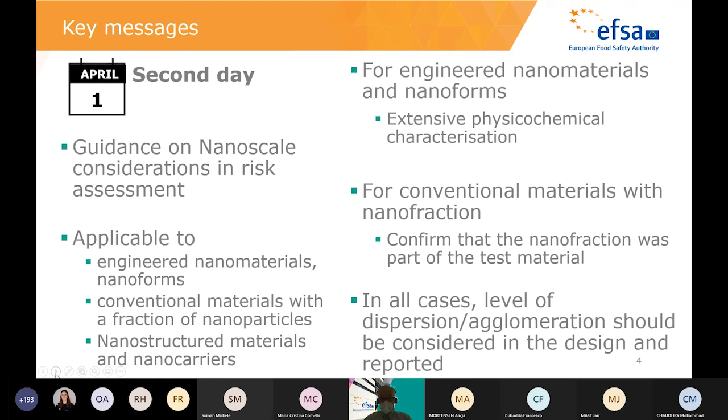So basically, you cannot say that the exposure is the same for doses that are 3 or 4 orders of magnitude larger than the level of exposure for consumers, because the dose and the final concentration in the dosing media obviously affect agglomeration. That's why this is an essential element.